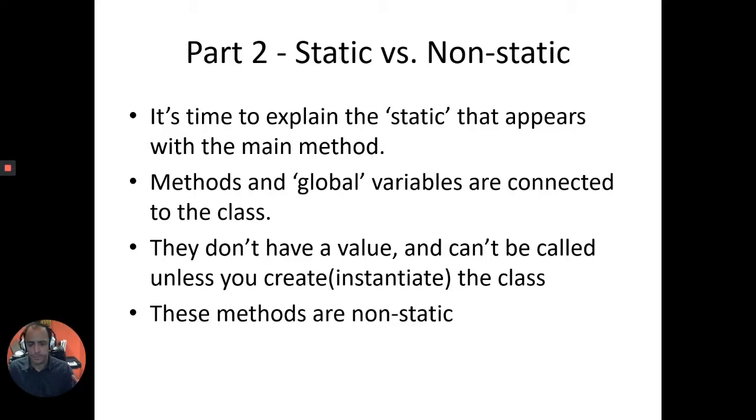So when we talk about global variables, and you might have heard that term before, these are pieces of data that belong to that class. And the idea of static is something that sticks around no matter how many of those particular classes are instantiated.